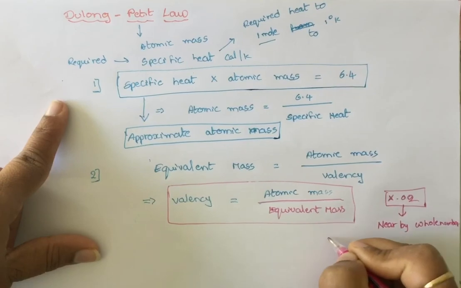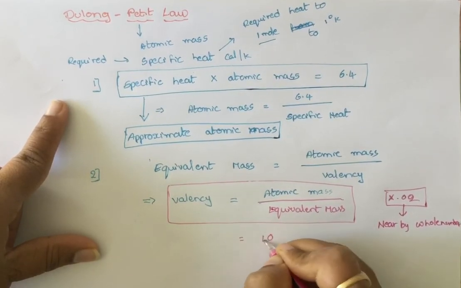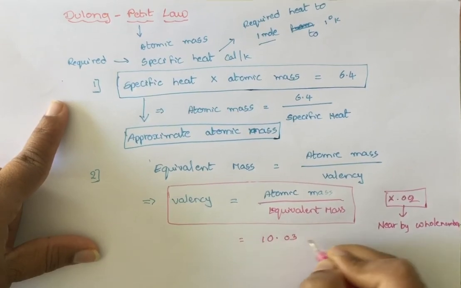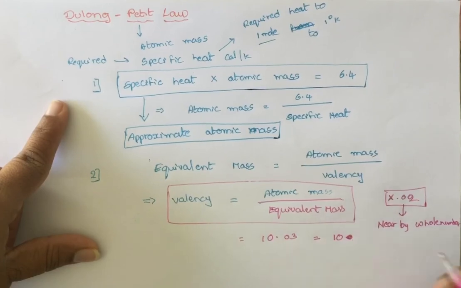For example, suppose the valency value I got after calculating is 10.03. So what is its valency? I can take it as 10.